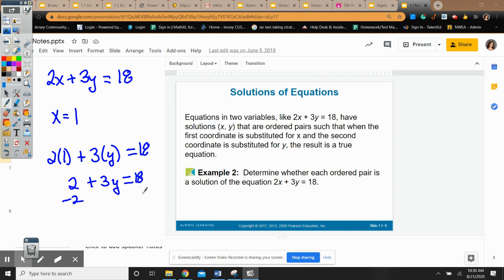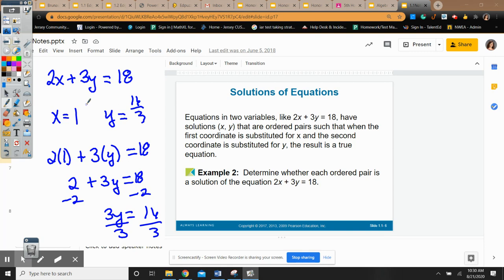So minus 2, and this was kind of a bad example for me to pick. 3y equals 16. So if x is 1, y has to be 16 thirds, which is about 5 1/3, right? So that's one point that can make this equation true.